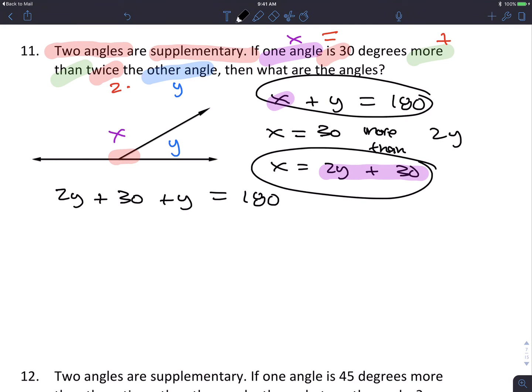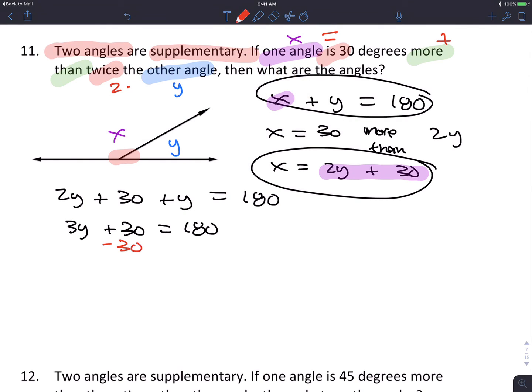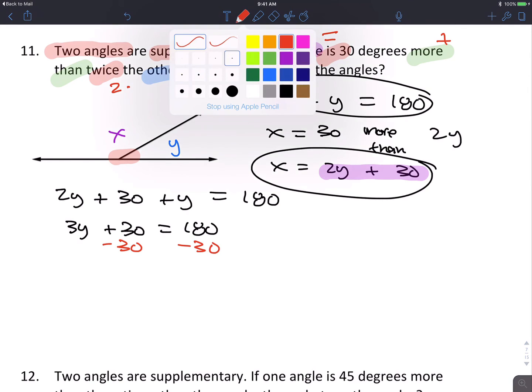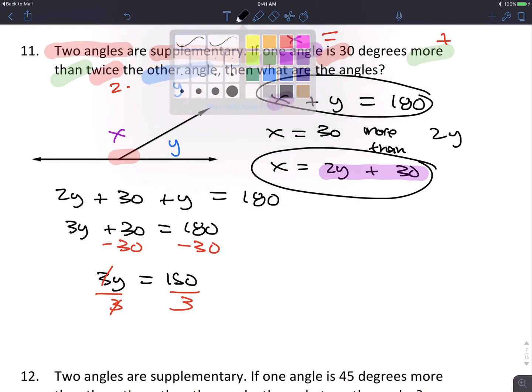We're going to do some algebra, and we get 3y plus 30 is 180. Subtract your 30 from both sides, and you're going to get 3y will be 150. Divide both sides by 3, and we get y being 50.